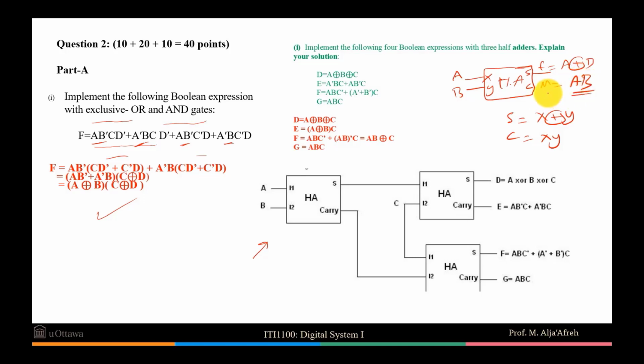So basically, to implement A XOR B XOR C, what you're going to do, guys, is ripple 2 adders at the same time.